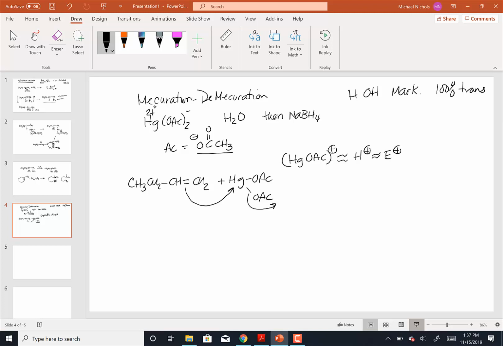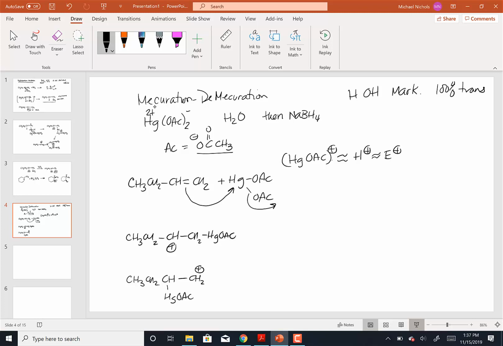So which carbon is the mercury going to add to? I don't know, let's find out. So let's add the mercury to carbon 1. And if I do that, that leaves the second carbon as a carbocation. Let's add the mercury to carbon 2. And that leaves the first carbon as a carbocation.